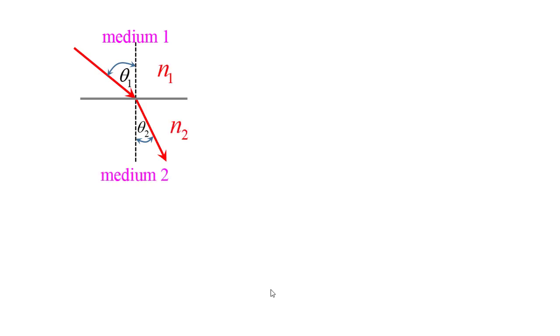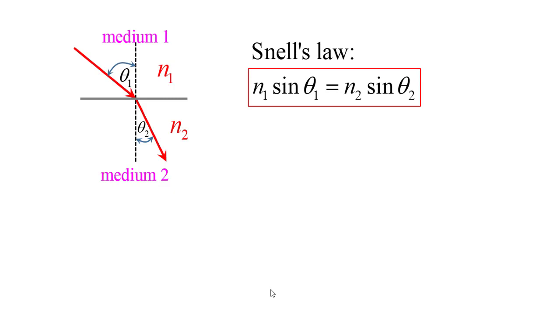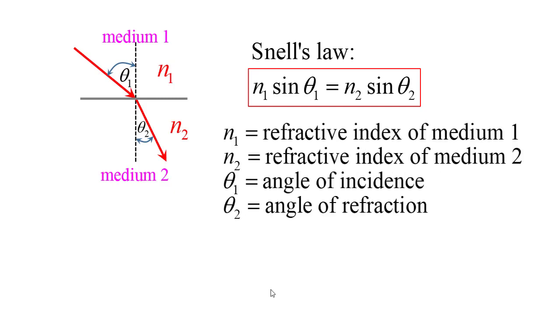So, in short, Snell's law is that if we have this angle to be theta 1 and this angle to be theta 2, the upper medium is medium 1 having refractive index n1, and the lower medium is medium 2 having refractive index n2. Snell's law says that n1 sine theta 1 is equal to n2 sine theta 2. n1 is the refractive index of medium 1, n2 is the refractive index of medium 2, and theta 1 and theta 2 are simply the angle of incidence and angle of refraction respectively.